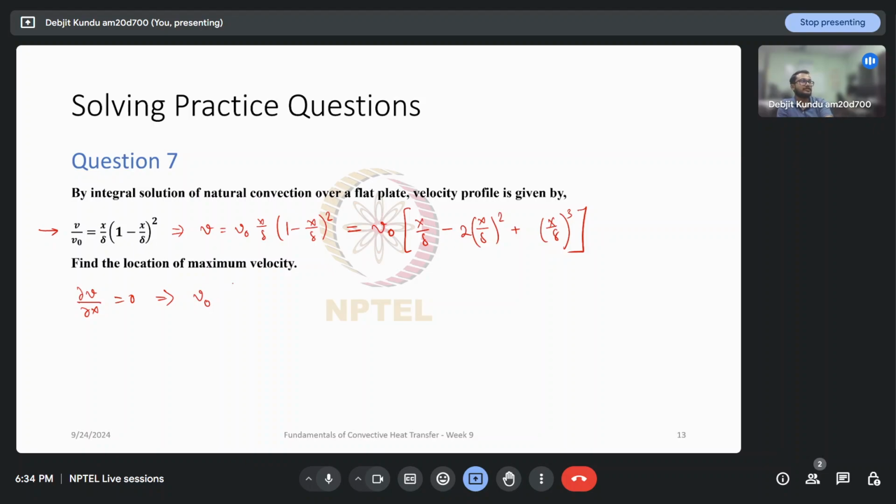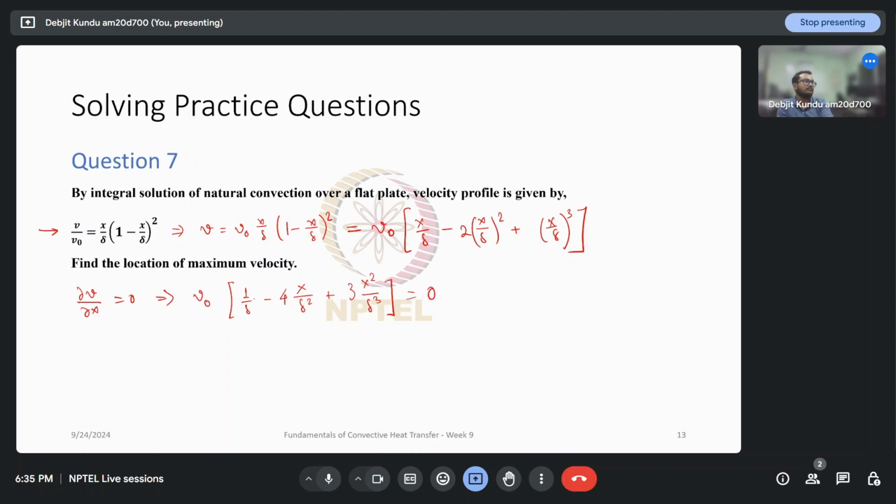If I differentiate it now with respect to x, I get 1 by delta minus 4x by delta squared plus 3x squared by delta cubed. This is what I'll get, and this will have to be set to 0.